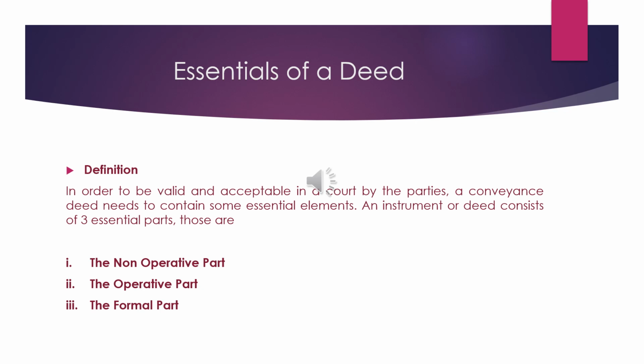In order to be valid and acceptable in the court by the parties, a conveyancing deed needs to contain some essential elements. For this purpose, an instrument or deed consists of three essential parts. Those are the non-operative part, the operative part, and the formal part.